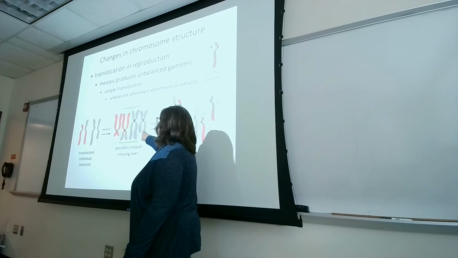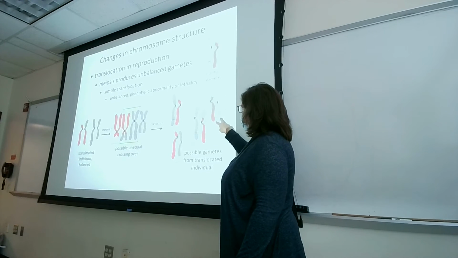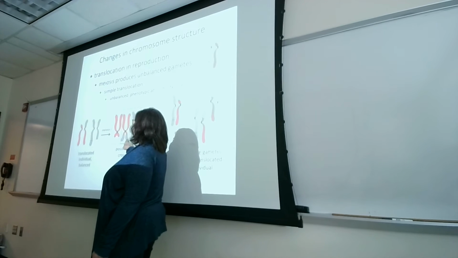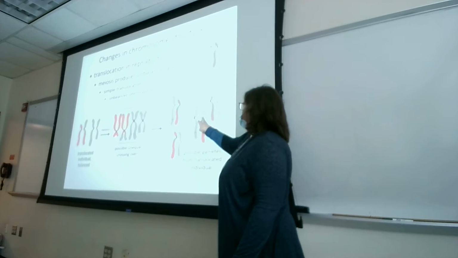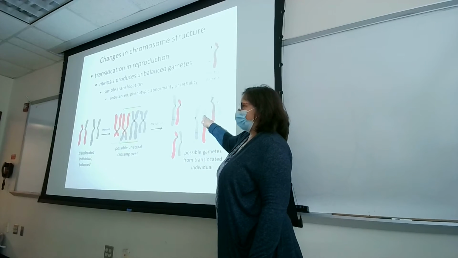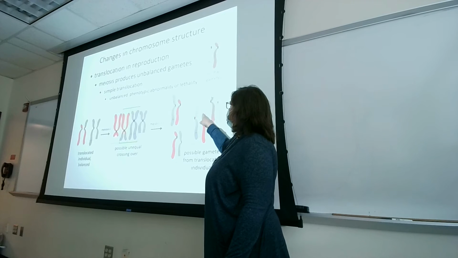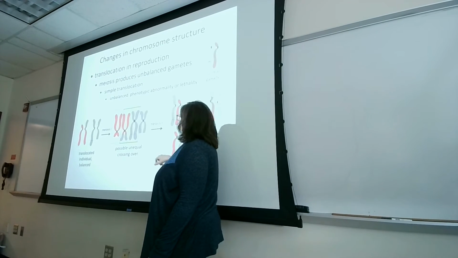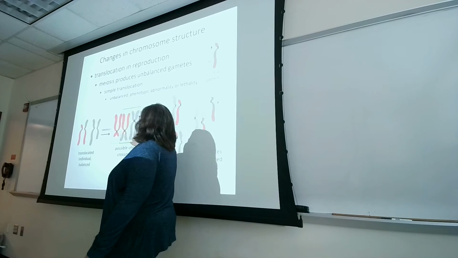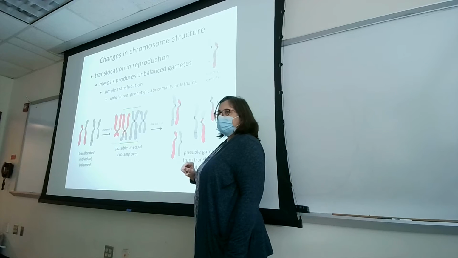You can get a deleted one of that, and that would be balanced. But you can also get 1 of these translocated with a full 1 of these, and that would be this one where you get a little bit of extra. Because if you add it to a normal gamete, you get 1, 2, 3 copies of that region. Or you might get 1 of these normal ones and 1 of these deleted ones, which means that you would have a deletion from that end.